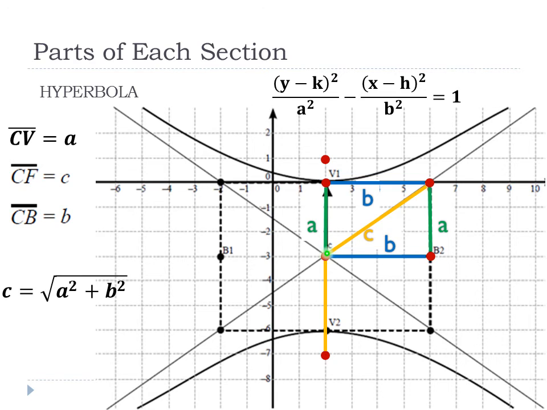So it's important to understand that a goes from the center to the vertex. It doesn't matter if it's vertical or horizontal, and that b will always be the axis that's perpendicular to that major axis. Okay, so once you understand that, understanding where a and b are should be a cinch.